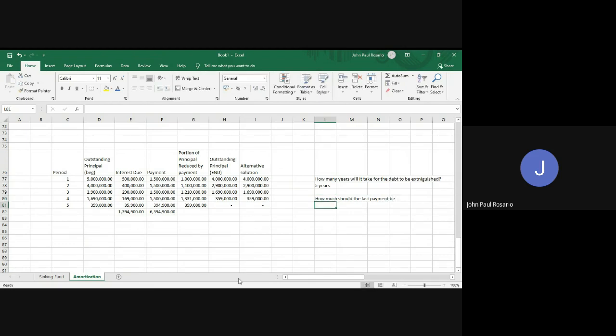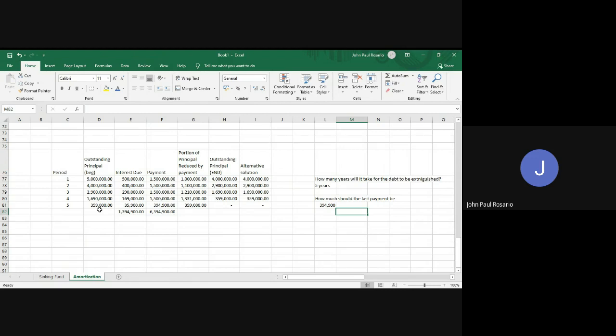We know that it's 394,900. And the follow-up question: of the last payment, how much will go to the principal and how much will go to the interest? For the principal, it's 359,000, and for the interest, it's 35,900.